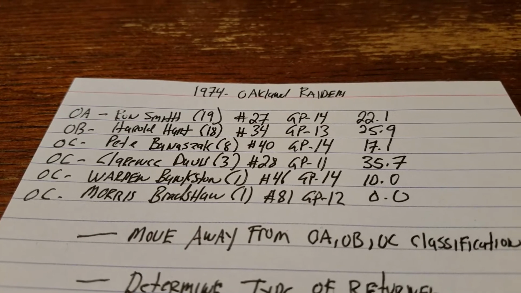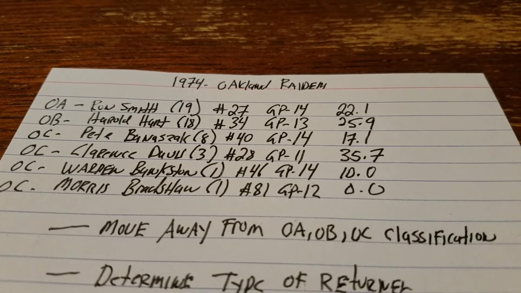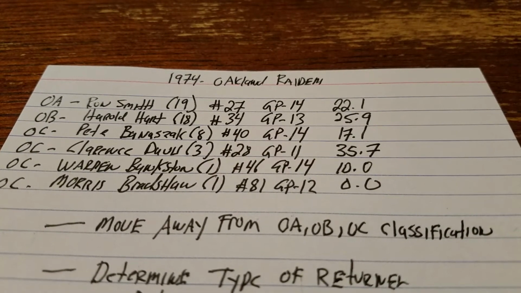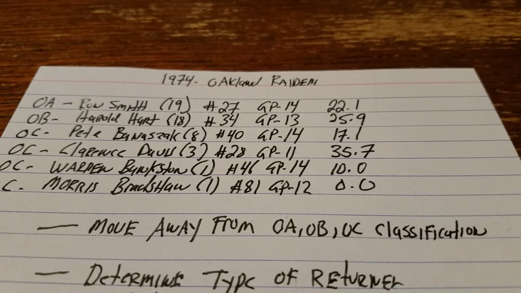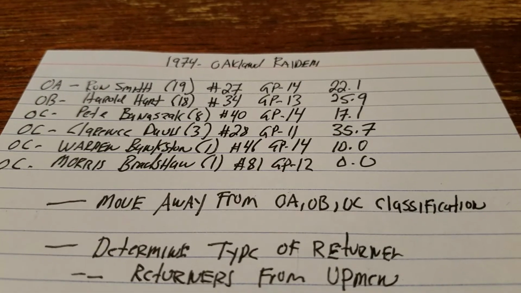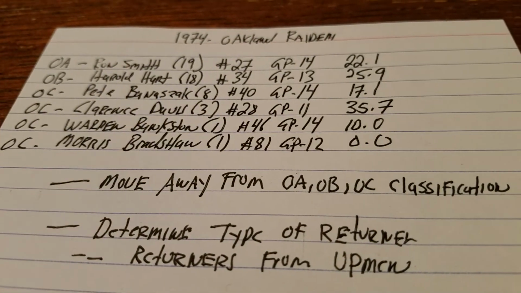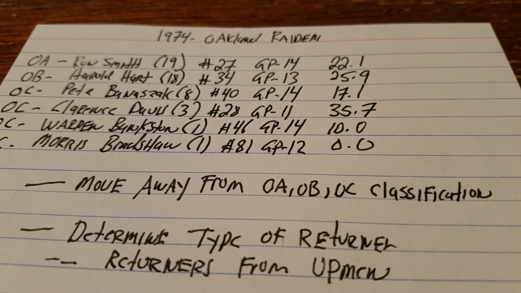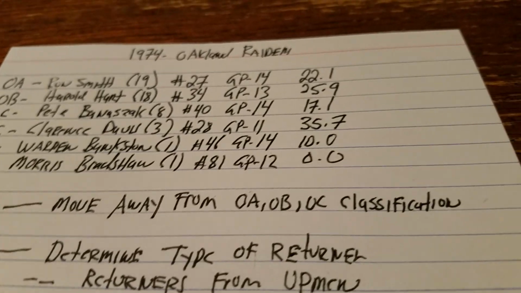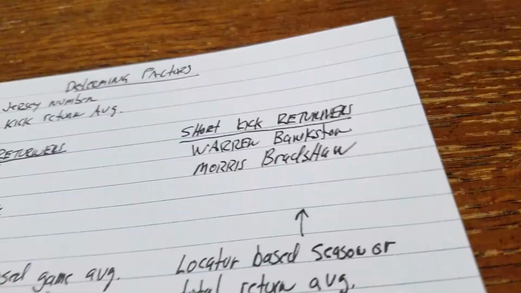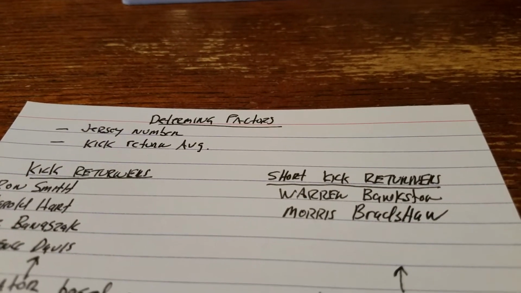All right, so my whole thing is I've moved away from the OA, OB, OC classification. I'm more focused on determining the type of returner, specifically distinguishing between your true kick returner and somebody that is manning an up-man position. The determining factors that I use, first and foremost, is jersey number.